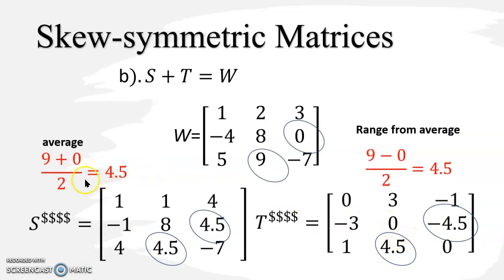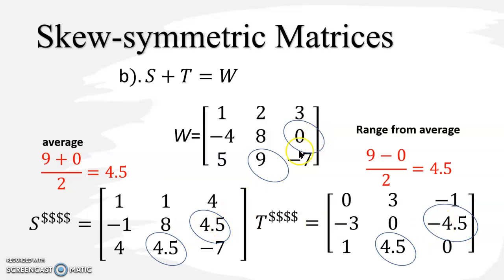Okay, so the last one, the two entries were 9 and 0. So the average with that was 4.5. And surprise, when I'm looking at the range, it's also 4.5. So I'll put the positive 4.5 into S, and I decided the negative 4.5 needed to go above the 0.